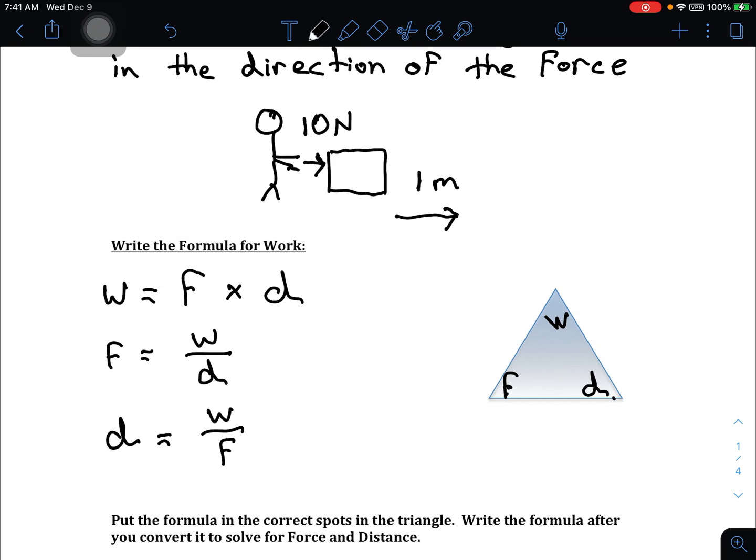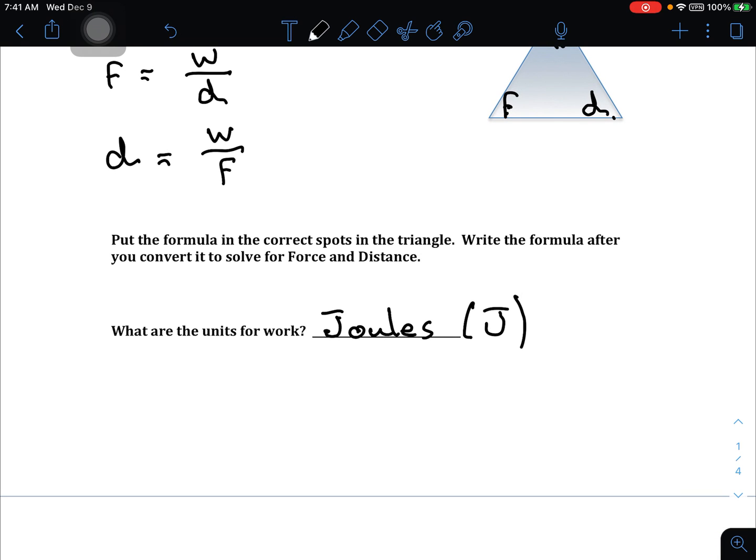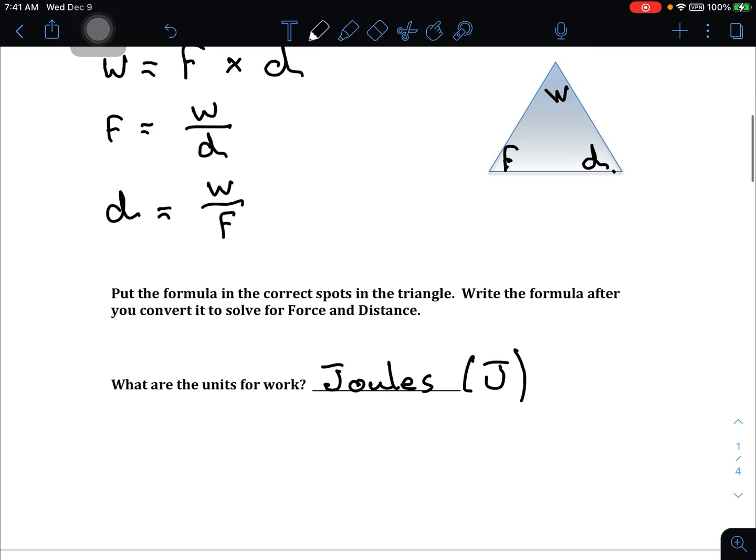My three derivations of the formula, therefore, if you look on the left there: if I'm solving for work, of course, once again, it is force times distance. If I need to find force, then I would take work and divide by distance. And if I need finally to find distance, I would divide work by force. Of course, remember that the units of work are joules.